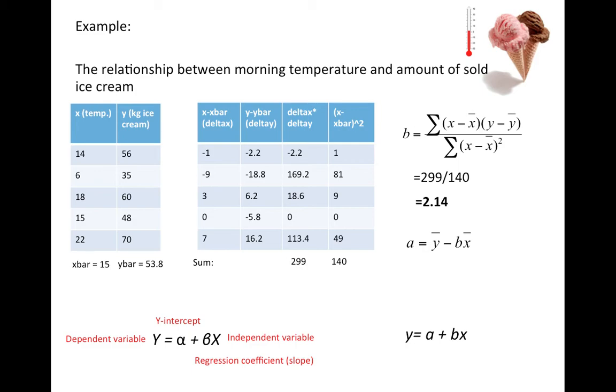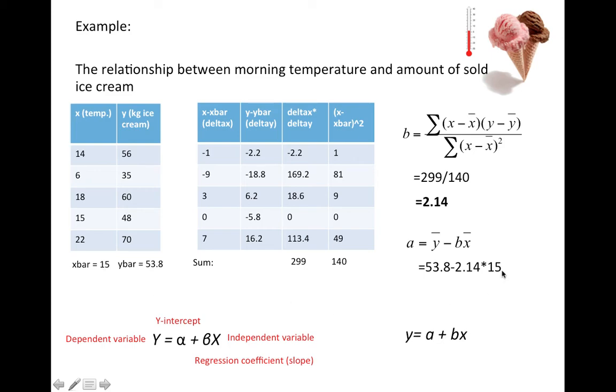Now let's move on to a. To calculate a, we need the mean of y and x, and we need b that we just calculated. This gives us the average of y, which is 53.8, minus 2.14, or b, times the average of x, which is 15.